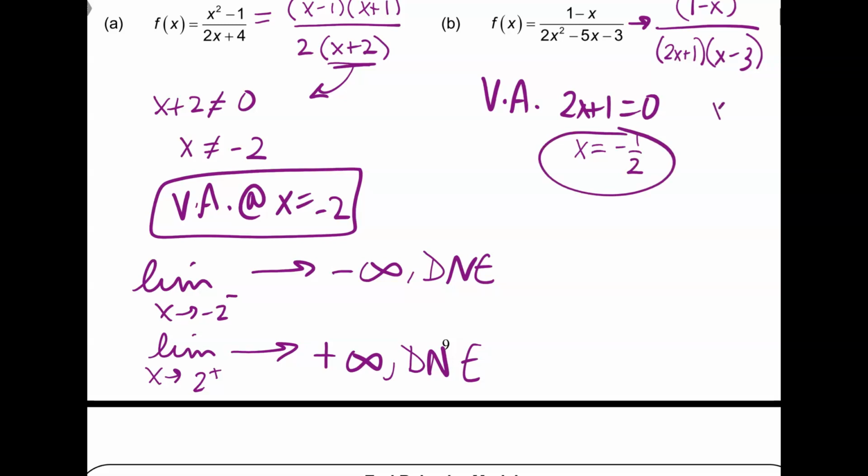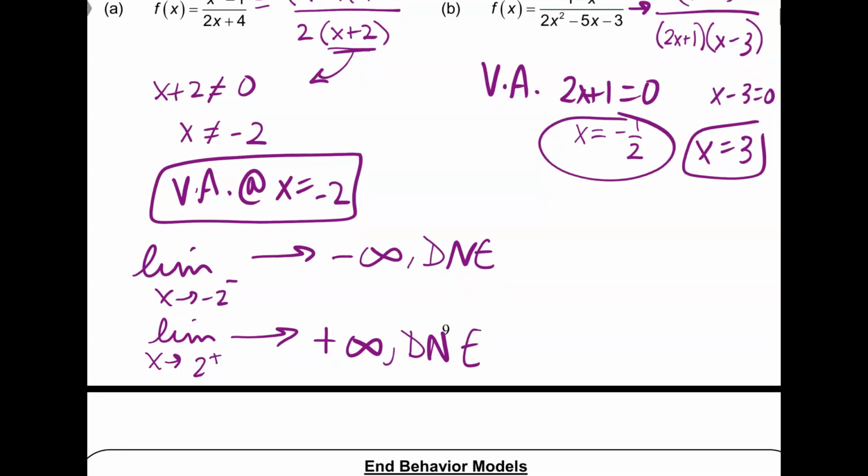And I also set x minus 3 equal to 0, so I have another vertical asymptote at x equals 3. Then you use your graph and say whether you're going to positive or negative infinity at these points, because we know we have asymptotes. You just look at your graph and say whether it's going up or down.